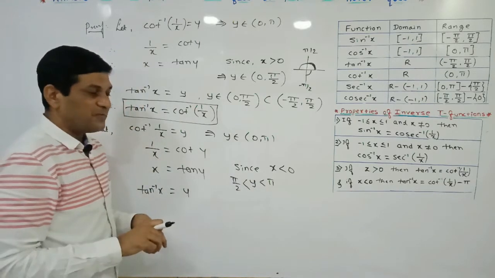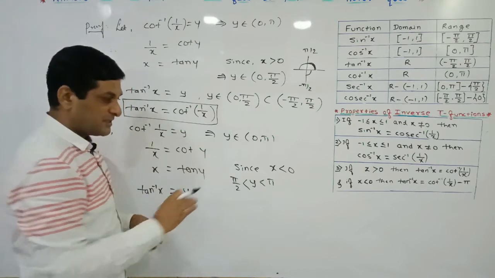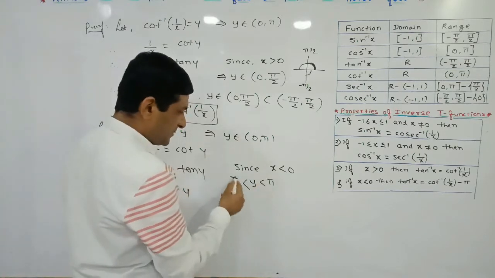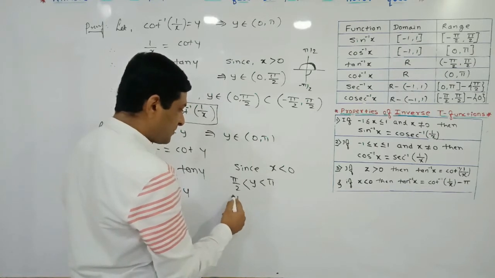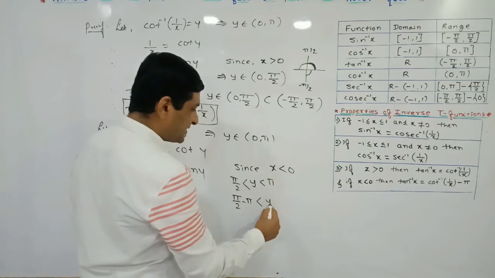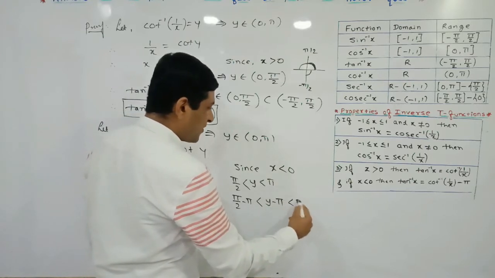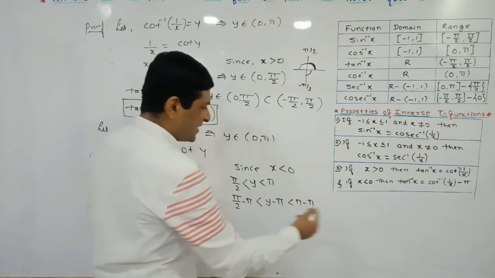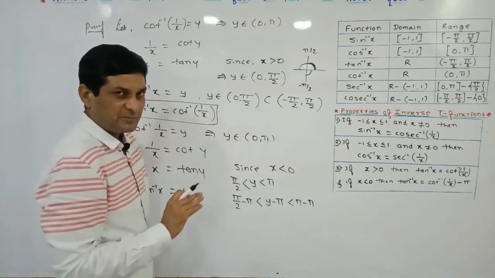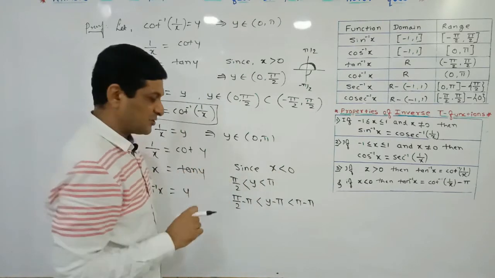To simplify it, we are subtracting pi from each term. So pi by 2 minus pi, keep the inequality as it is, pi minus y minus pi is less than pi minus pi. If we are subtracting the same value from each term, the inequality does not change.